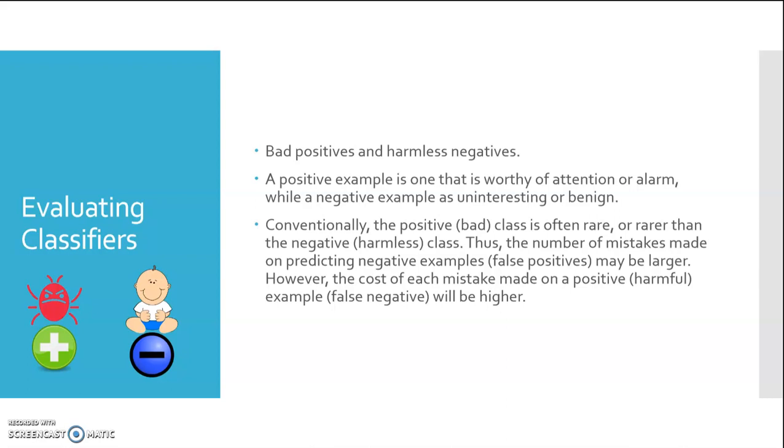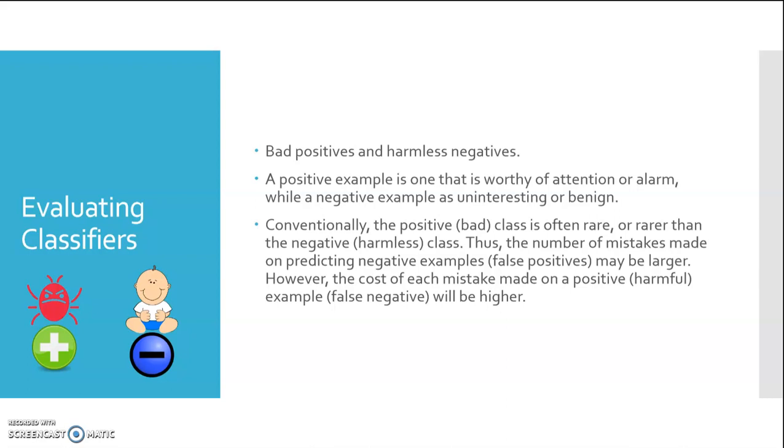Often these bad classes or bad events are very rare. So these positive classes tend to be smaller in number compared to the negative class, which is harmless. For example, with churning, it could be just about 1% of all of the customers who actually churn.